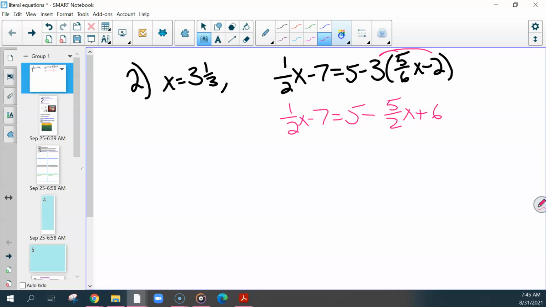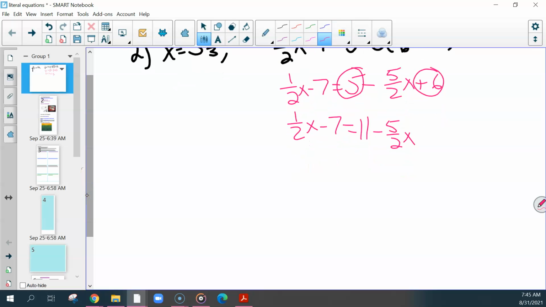Here, let's say I combine our terms, we have 5 and 6, that would give us 11. And then I'm going to do this at the same time. Add 5 over 2x to this side, and add 7 to this side.